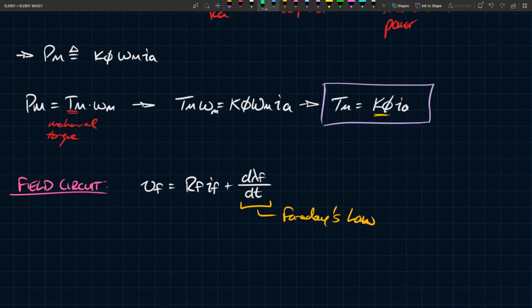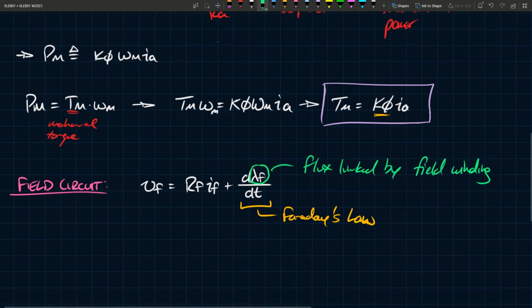And lambda f is the flux linked by the field winding. So whatever flux is linked by the field winding will appear in the field voltage here.